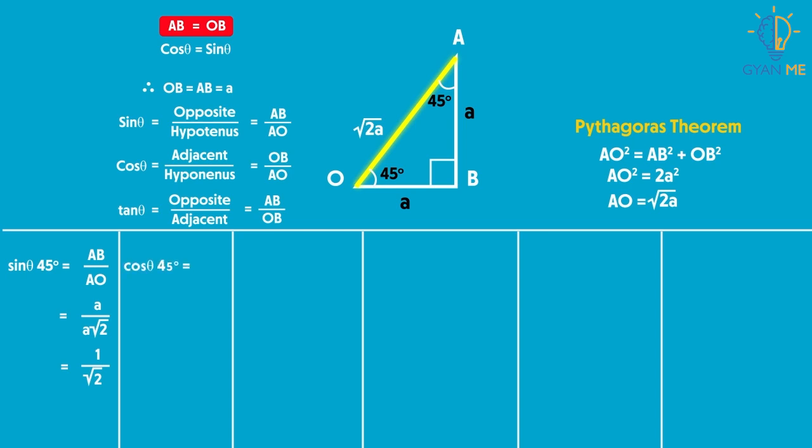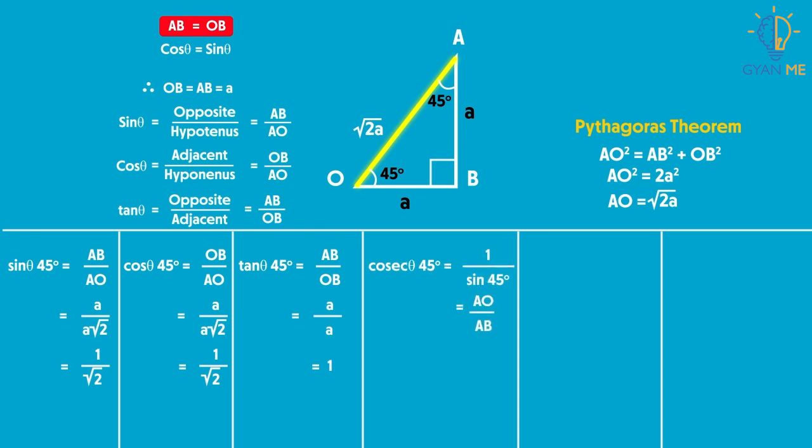Similarly, cos 45 will be OB upon AO, whose value is 1 by root 2, and tan 45, whose value is 1. Now what about their inverse ratios? Yes, cosec 45 will be 1 upon sin 45, that is root 2. Sec 45 will be 1 upon cos 45, which is again root 2. And cot 45 is 1.